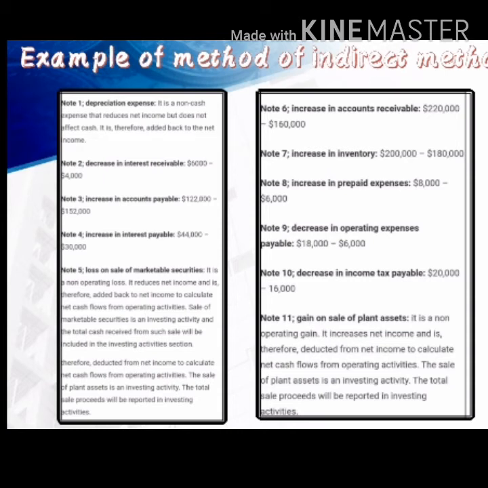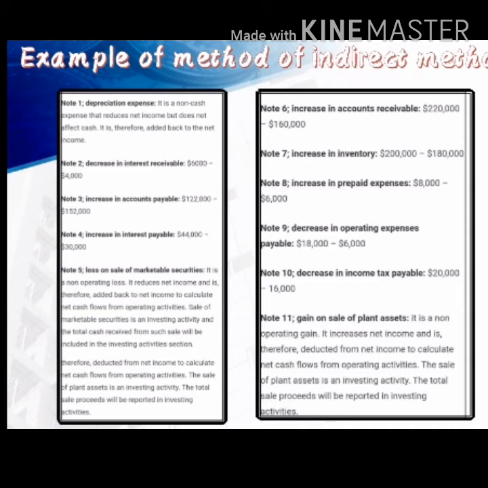So $220,000 minus $160,000, we got the total of the increase in accounts receivable, which is $60,000.